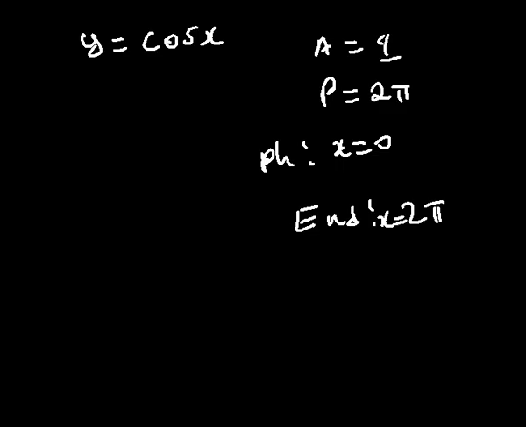The y value is 1 because cos 0 is 1. Therefore, the graph of the cosine function starts from (0, 1).